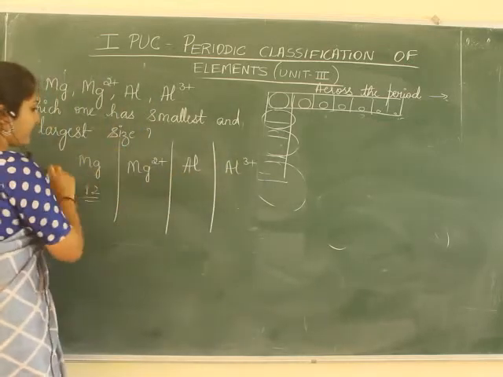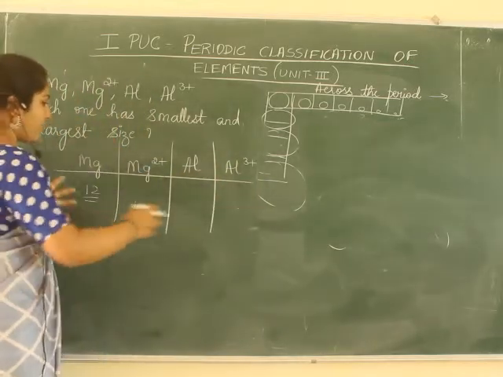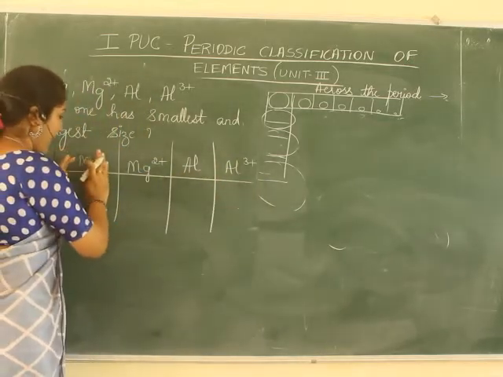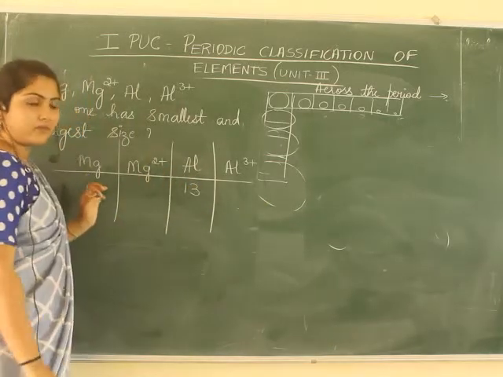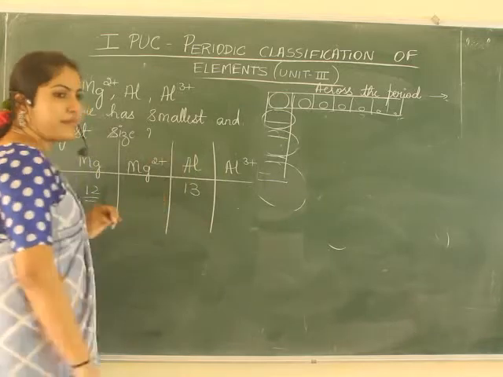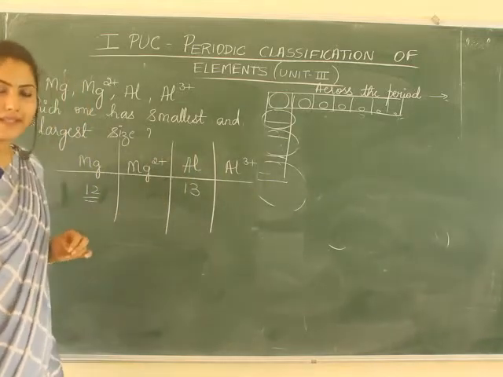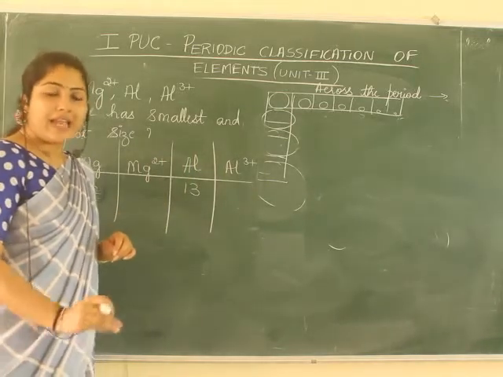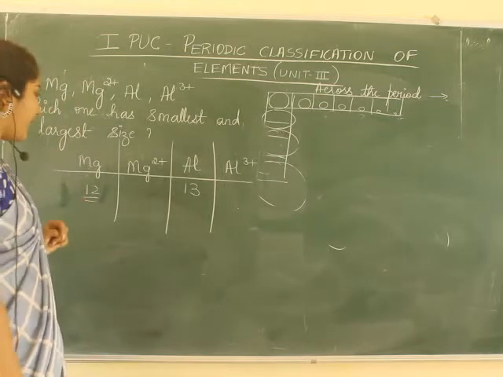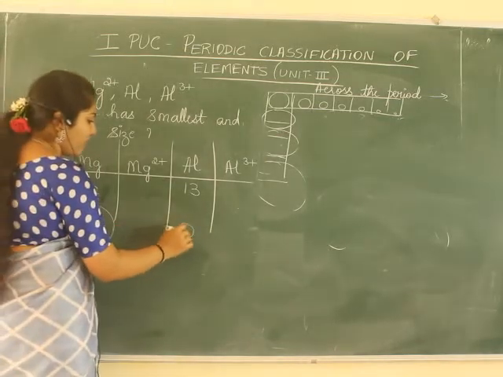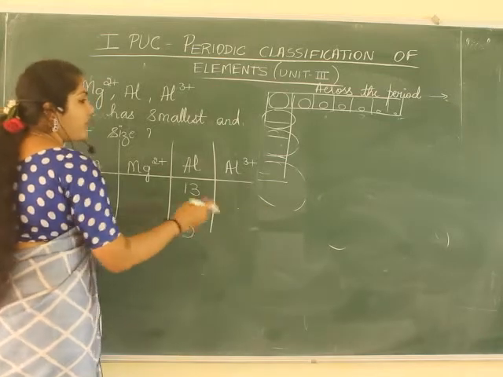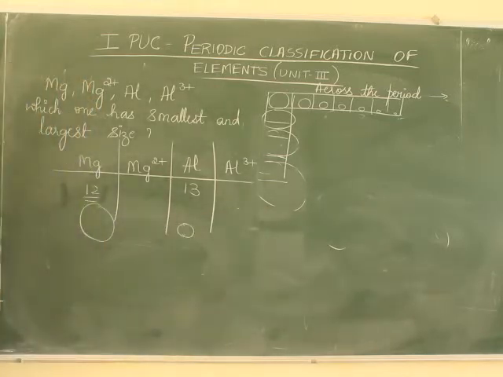Al3 plus. Now it is this way. Magnesium's atomic number is 12. After magnesium comes aluminium, which is 13. Across the period, what happens to the atomic size? Does it increase or decrease? Atomic size always decreases, isn't it? That means magnesium will have larger size. As you move to the right side, the size goes on decreasing.